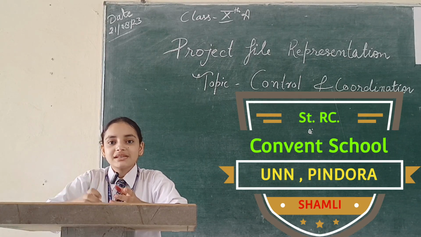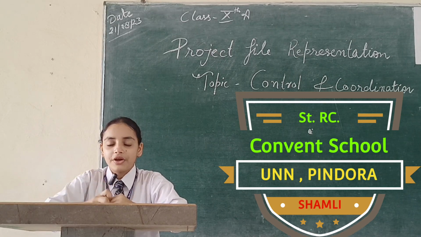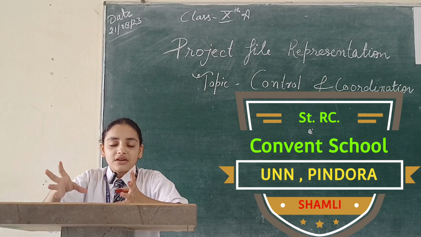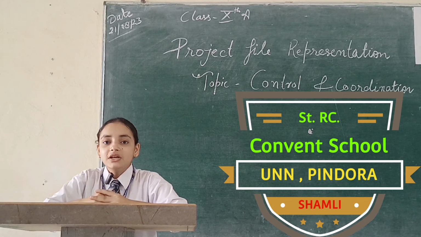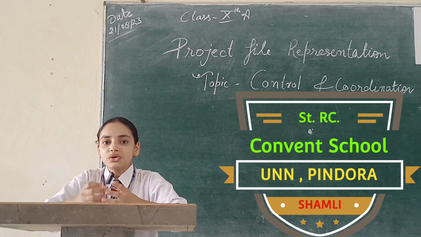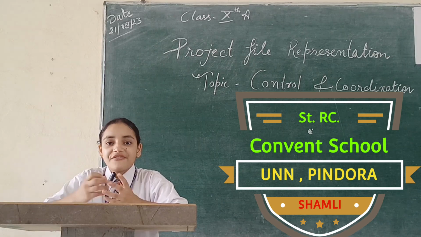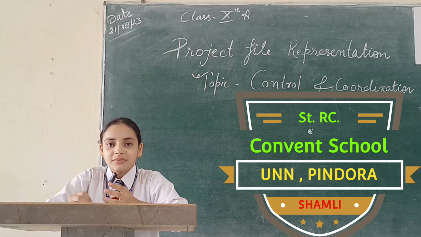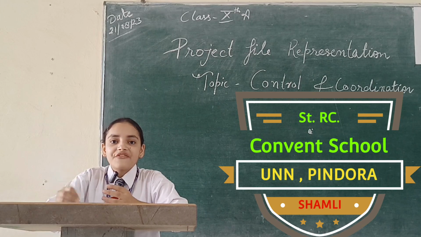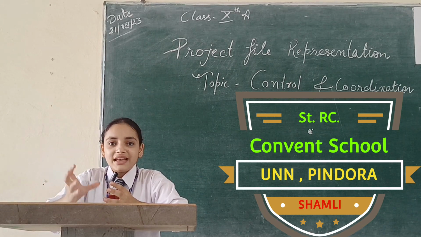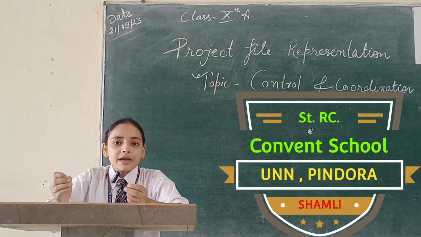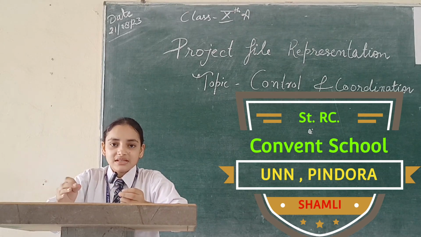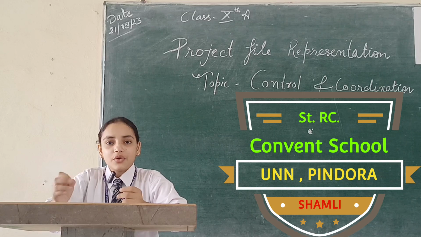Then the sensory neuron sends the information to the spinal cord, where the relay neurons conduct the information and send it to the motor neuron, and the motor neuron sends the information to the effector muscles. The effector muscles do the final job, and the action takes place. This is the whole process of control and coordination.